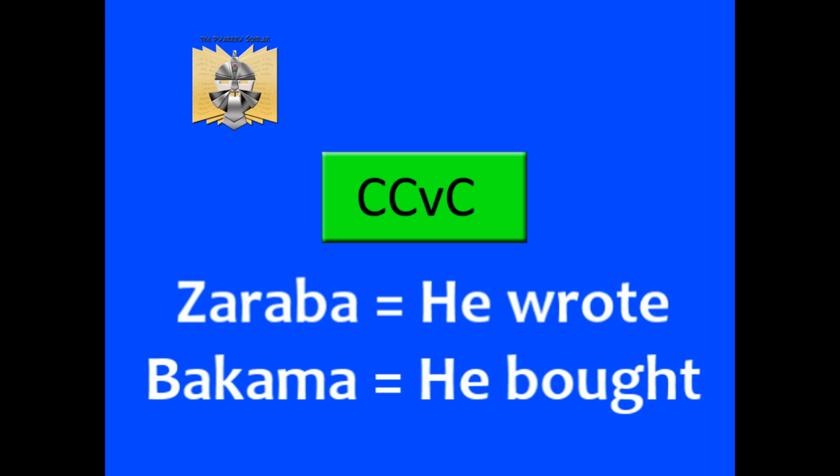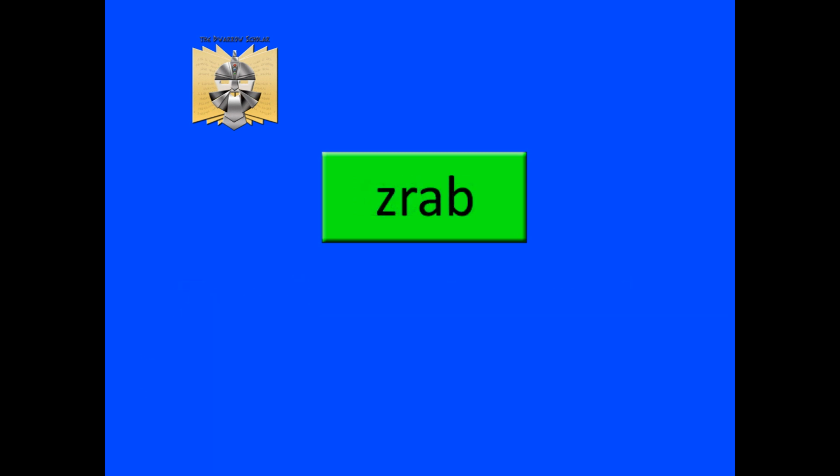Now, in the imperfect, the verb base for writing is Zrab, which, as you can hear, has an A there, so it's an A-type verb, while the imperfect verb base for buying is Bekim, so there's an E, so it's an I-type verb. Again, there's no quick trick to find out which verb uses A or which one uses I in their imperfect verb base. It's just a matter of remembering or studying it, really.